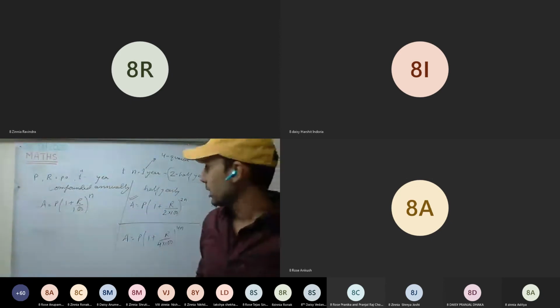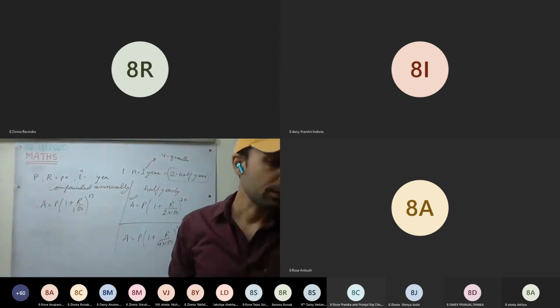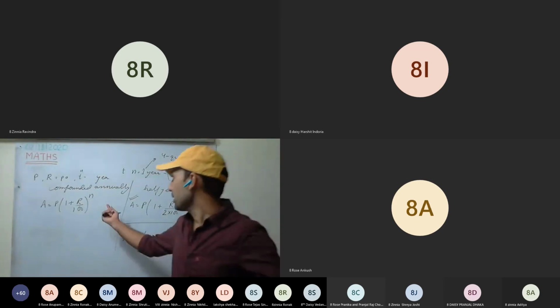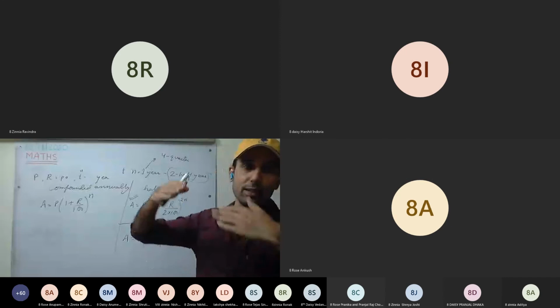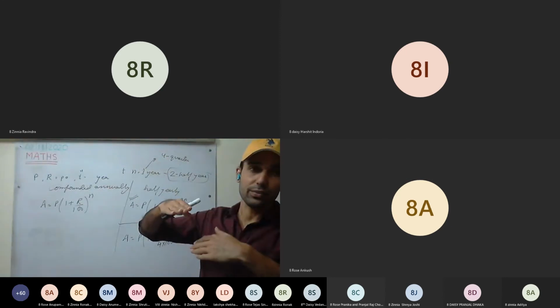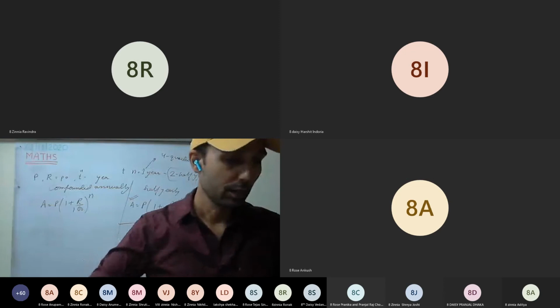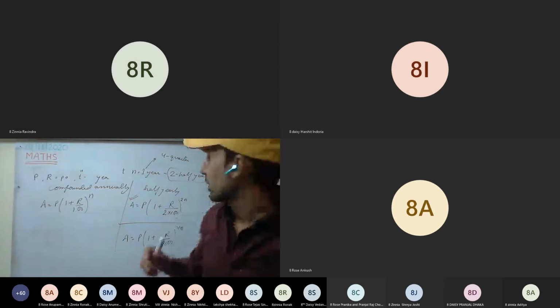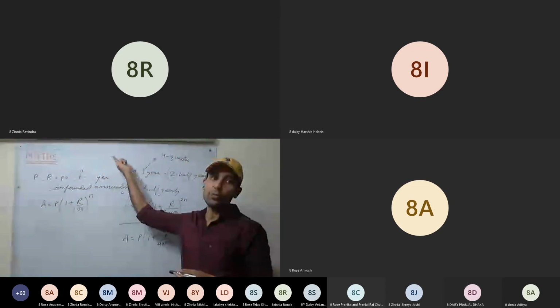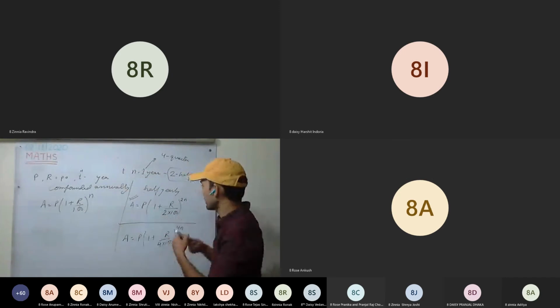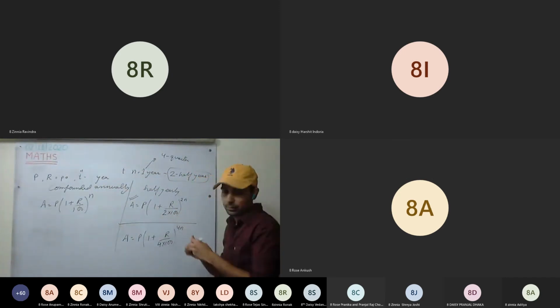See here in example 6, page number AP 48. Principal is given as 1600. Time is 1 year. Since it is compounded half yearly, we have to consider half years. So there will be 2 half years, and the rate is 10% per annum, so half yearly it will become 5%, that is R by 2.